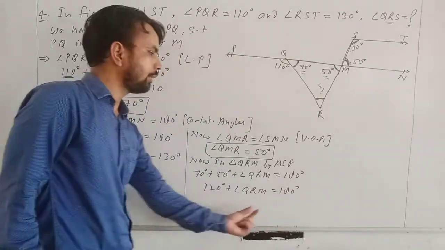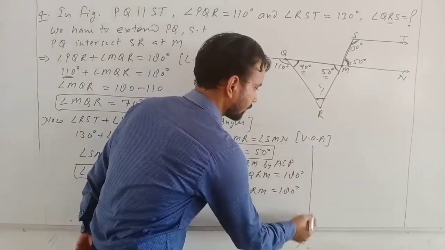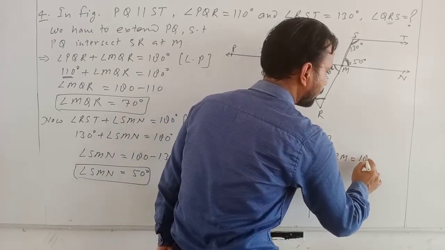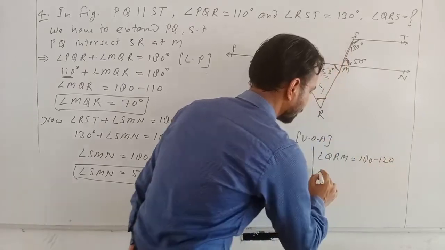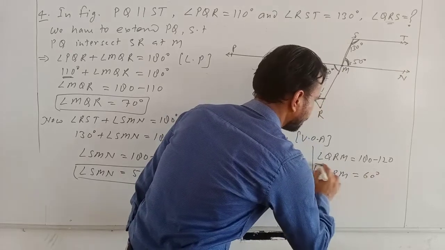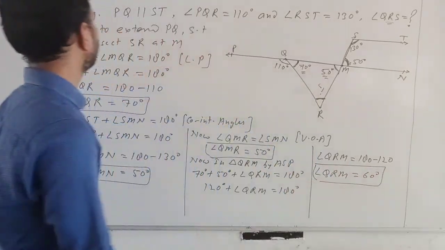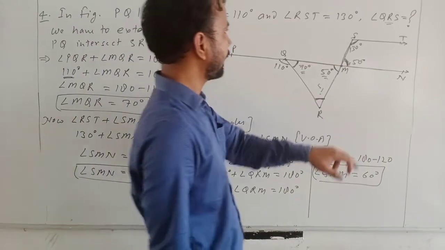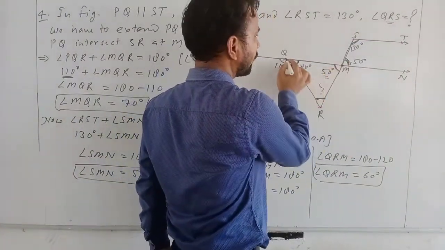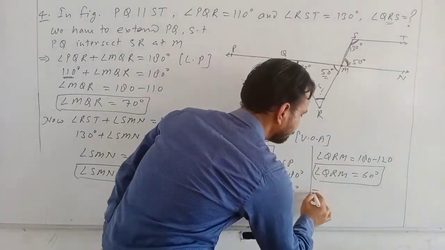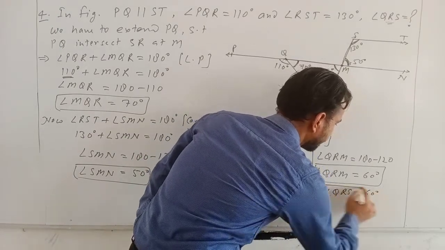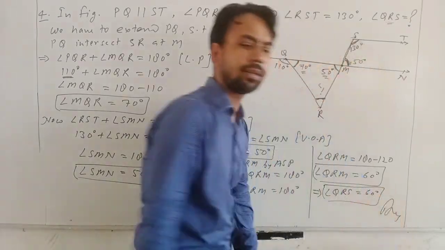Now this 120 will be subtracted from 180. Hence, angle QRM equals 180 minus 120. Then angle QRM equals 60 degrees. So this is our final answer. The question is asking about angle QRS. So beta, QRM or QRS both are the same angle. So we can write here QRS is also 60 degrees. So this is our final answer.